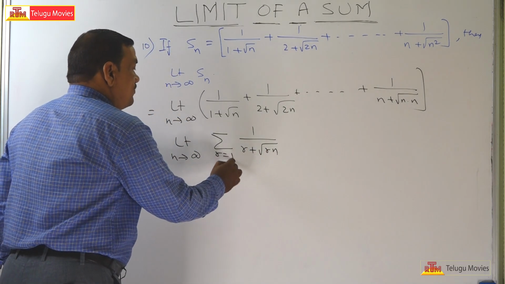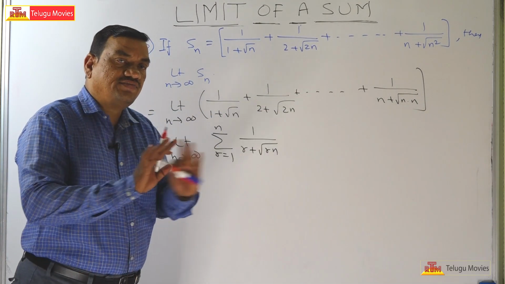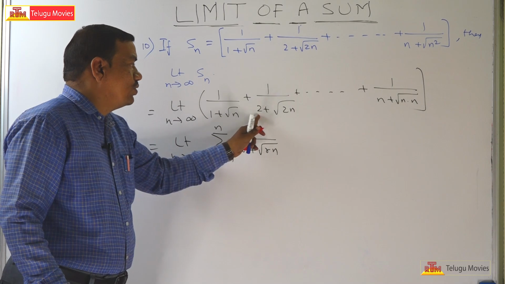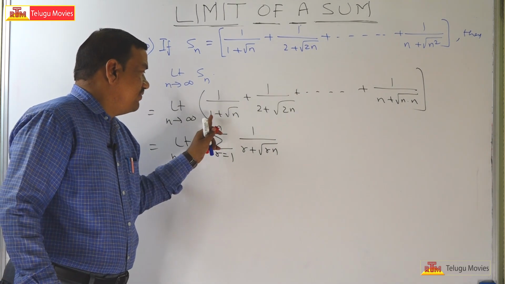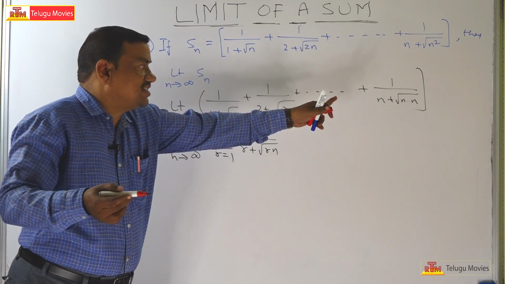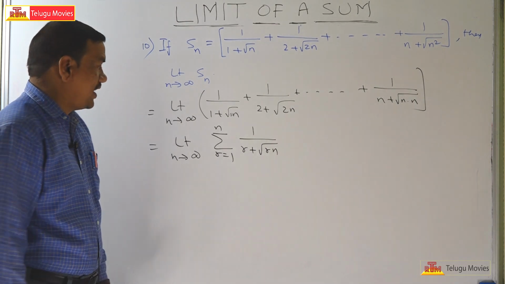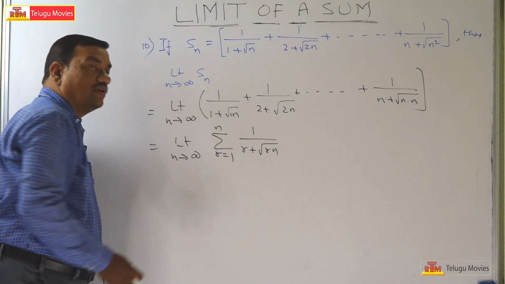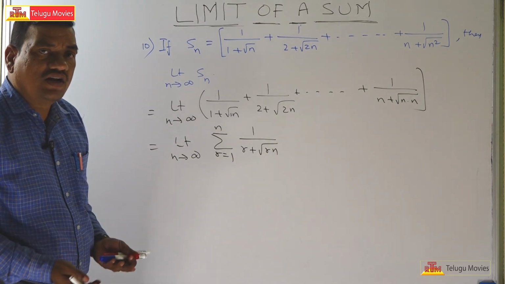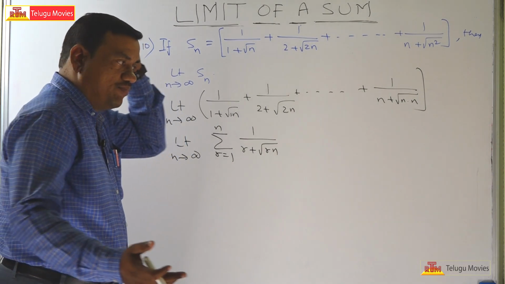So r runs from 1 to n. That's all. Numerator is fixed. Denominator 1, 2, 3, so on n. If it is 1, 1n. If it is 2, 2n. If it is n, nn. Therefore, it is r, rn over. Now between these two, what you have to get? 1 by n you have to get. Where will it come from? It will have to come from this only. So otherwise you cannot put r.